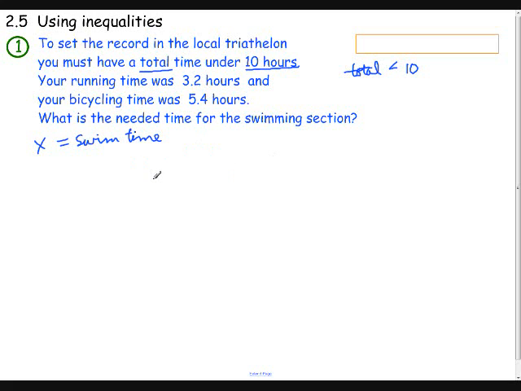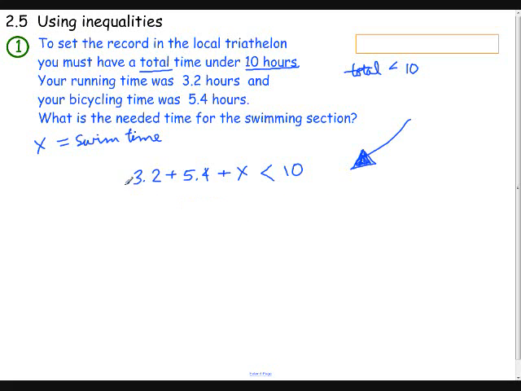We know that your running time, 3.2, plus your bicycling time, 5.4, plus your swim time, which we don't know, and that's the thing we're looking for, x, all added together has to be less than 10. So we have our algebraic statement here. We translated it from English into math.